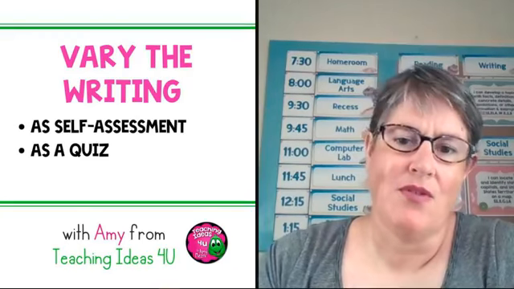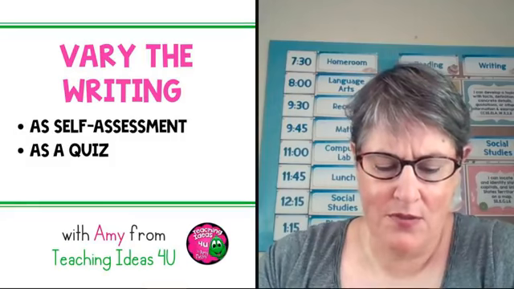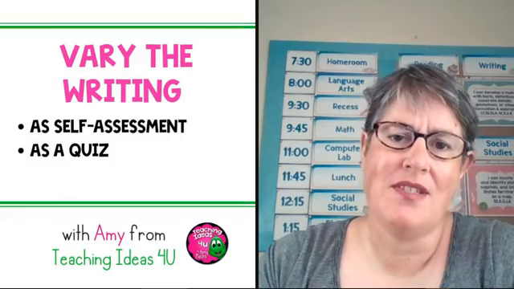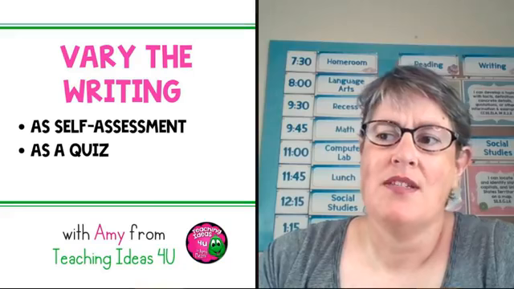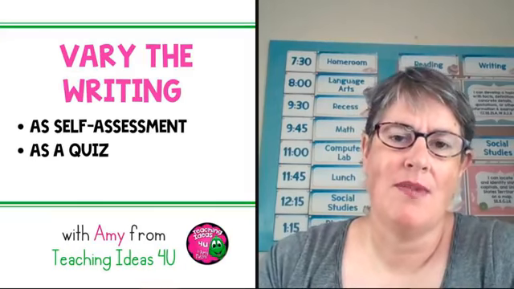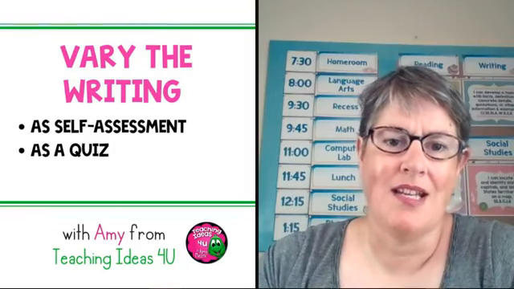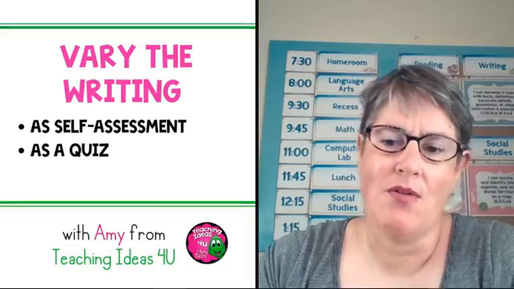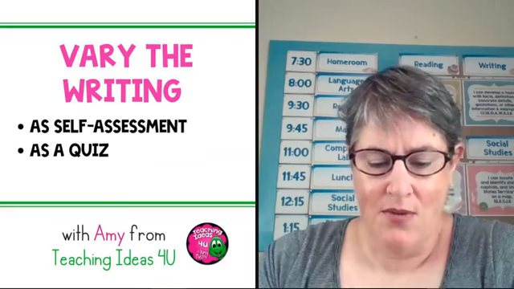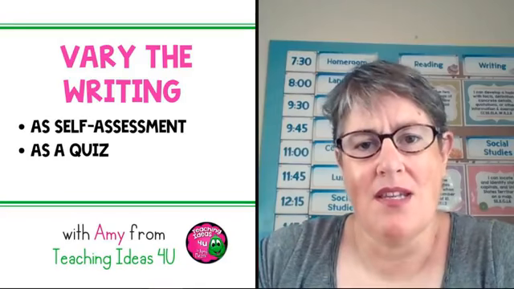And again, I would model that at the beginning of the year. Now, the goal for you would be to have students self-assess this writing. Because again, the best thing you can do for students is to teach them how to assess themselves. Did I get it? Am I still having trouble? How are things going? So I would probably start modeling this type of formative assessment early in the year.